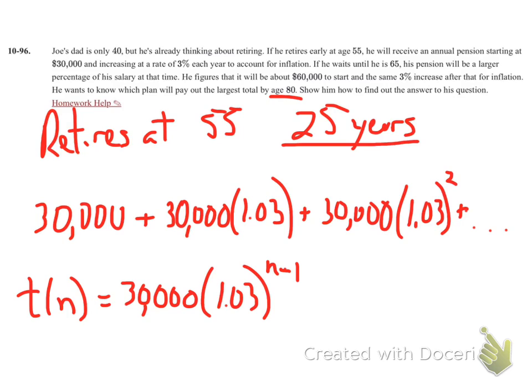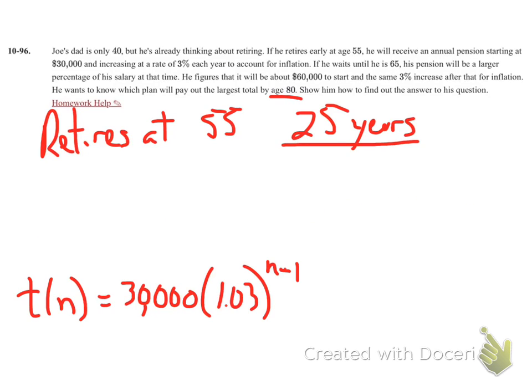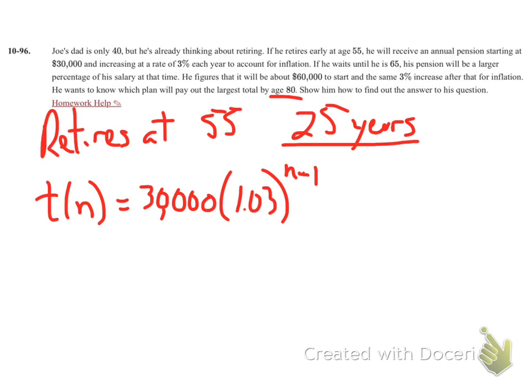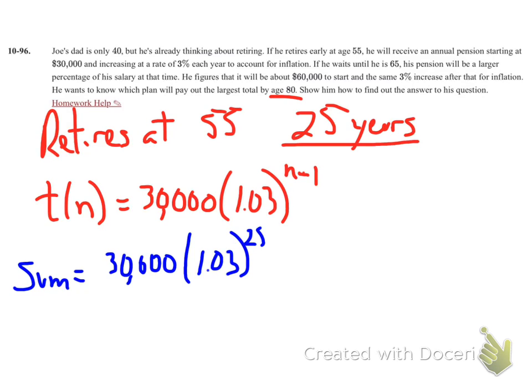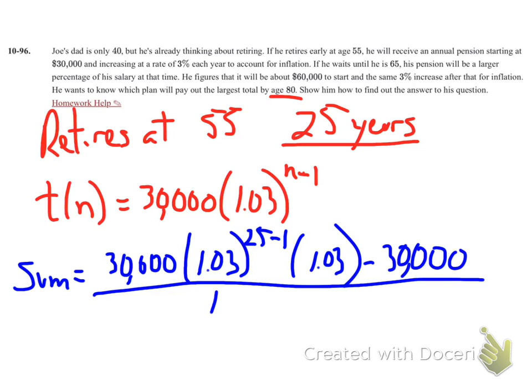Thinking about our formula to find the sum. The sum will be the last term, which is 30,000 times 1.03 to the 25 minus 1, times my multiplier, 1.03, minus my first term of 30,000, divided by multiplier minus 1.